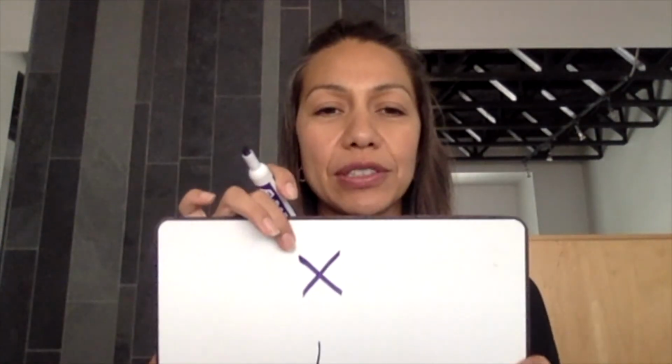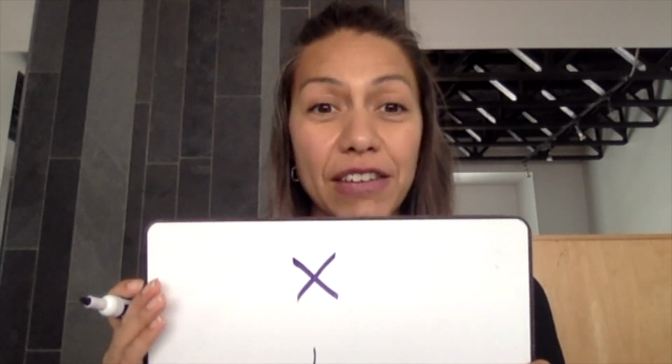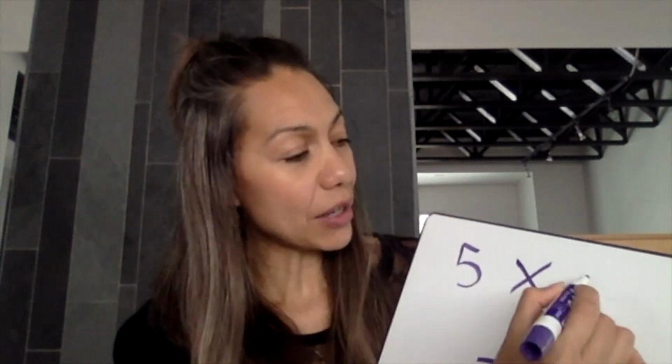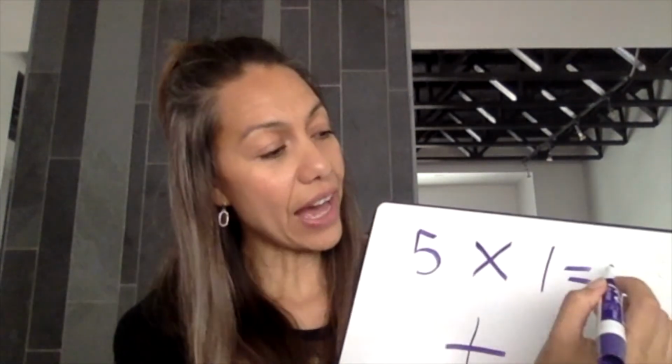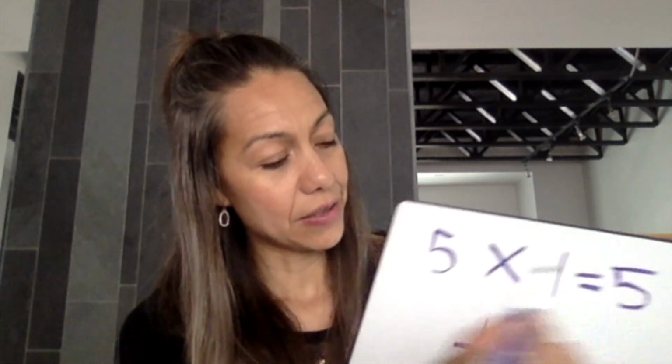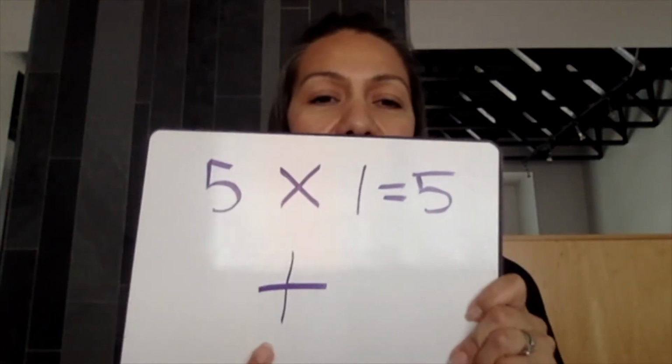All right, now we're going to go over and review what some symbols mean. What is this symbol? What does that symbol mean? Multiplication. Very good. So we just did 5 multiplied by 1 gave us a product of 5. How about this one right here?